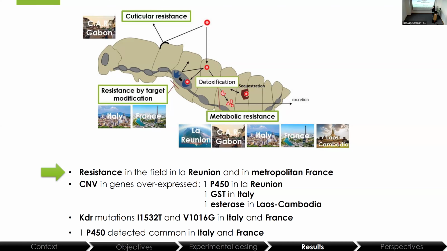And we detect 1 P450 common to Italy and France. So in La Réunion Island and in Asia, the genes circulating in the populations are linked with metabolic resistance. In Africa, we have a lot of cuticular genes, involved in cuticular resistance and metabolic resistance. And for Italy and France, we have both target modification and metabolic resistance.